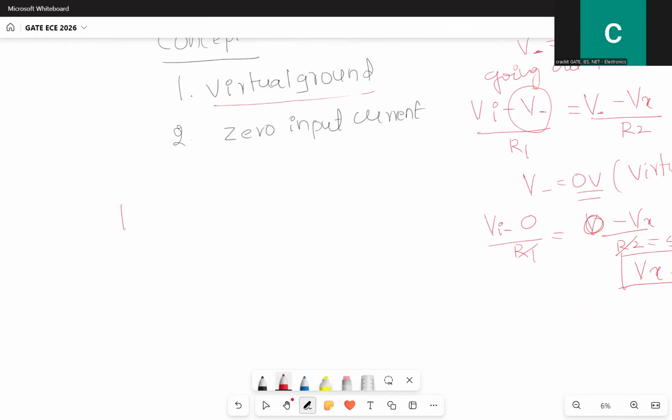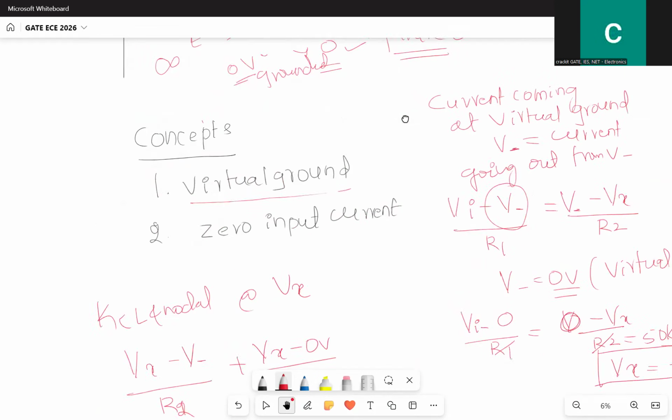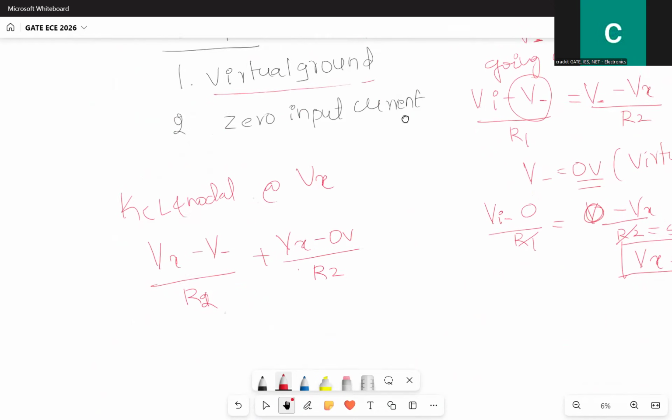So now we will apply KCL nodal analysis at node Vx. So Vx minus V minus, that is virtual ground, by R2, Vx minus 0 volt by R4. Sorry, this is R2 and this is R4; you can see in the question, R4 and R3, right?